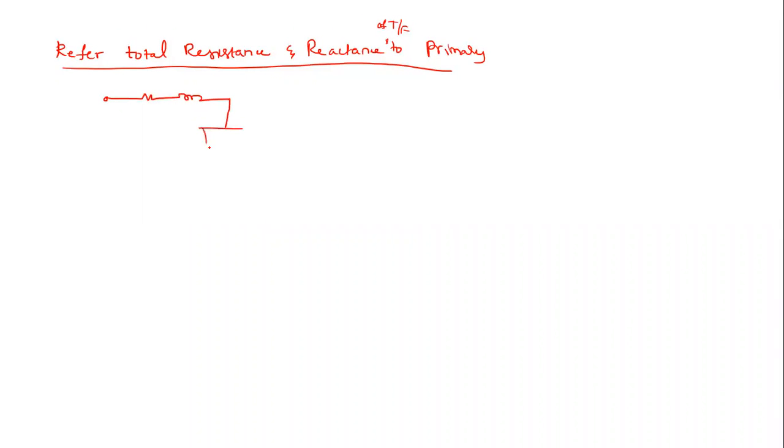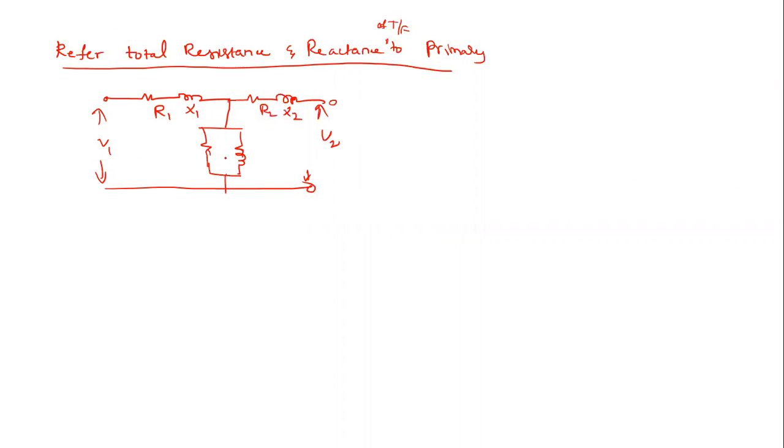I'm not going to sketch all the things, please redraw that. V2 here, V1 here. R1, X1, R2, X2, R0, X0. What I want to do is refer the entire resistance from secondary to primary, meaning from this to this.